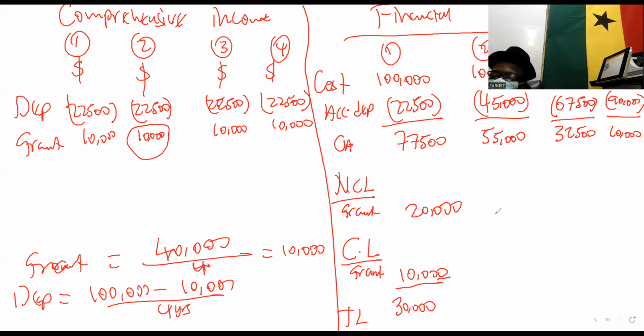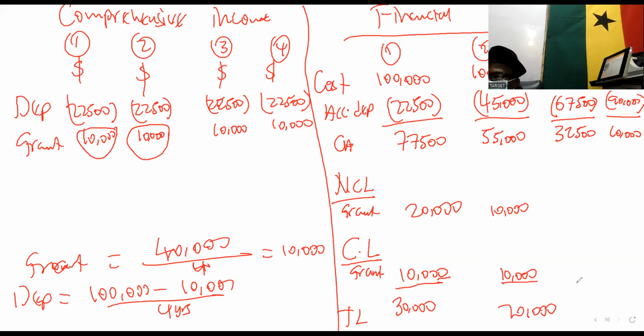Then when you go to the next year, year 2, so far we have released 10,000, 10,000. So how much is left as the total liability? We are left with 20,000. Of the 20,000, 10,000 will be released next year. That becomes current liability. The remaining balance is 10,000.